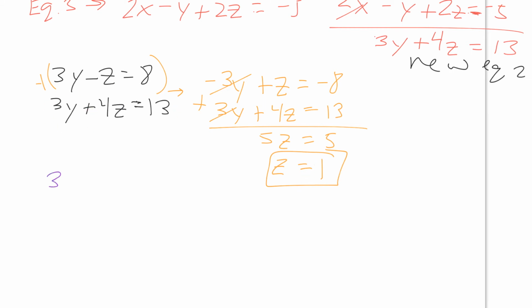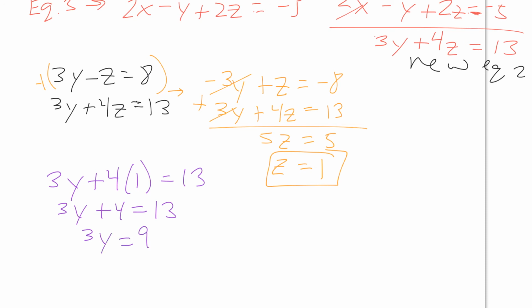I get 3y plus 4 times 1 equal to 13. And then I just solve for y. So 4 times 1 is 4. So I have 3y plus 4 equal to 13. Subtract 4 from both sides, and I get 3y equal to 9. Dividing both sides by 3, I get y is equal to 3.